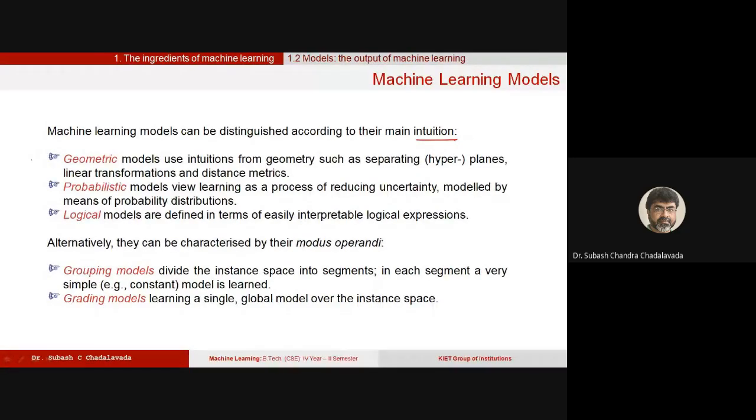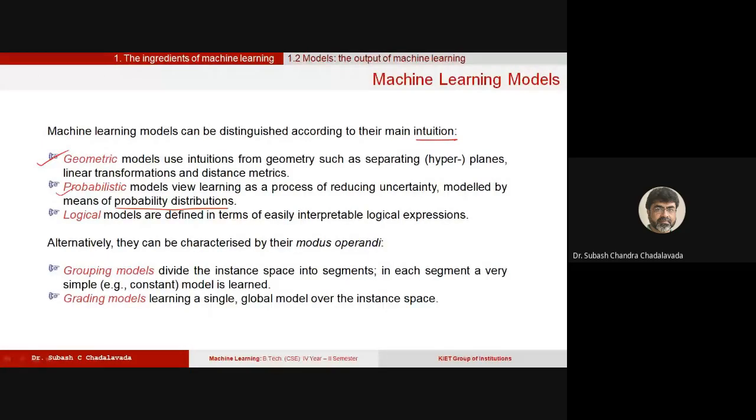The first is geometric models. Here the intuition is from geometry: you use planes, distance metrics, or linear transformations. Then, if you use probability distribution as your intuition, these models are called probabilistic models.